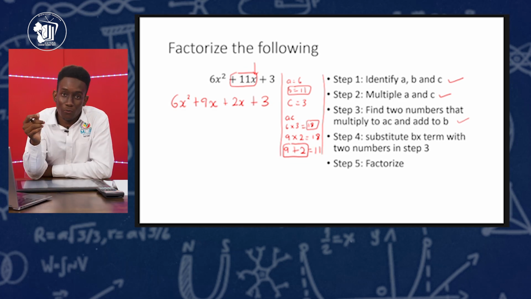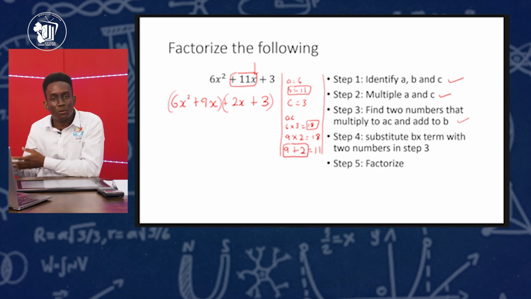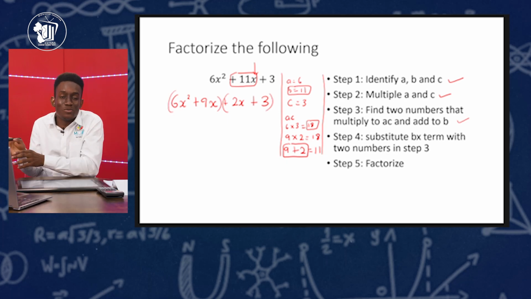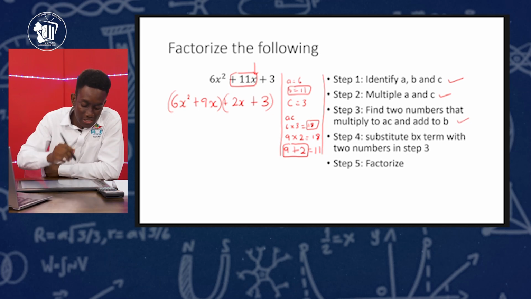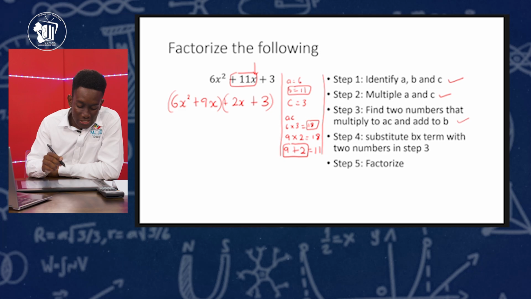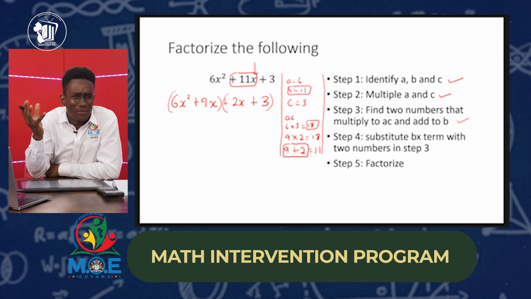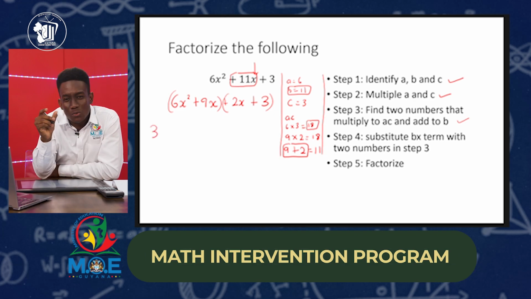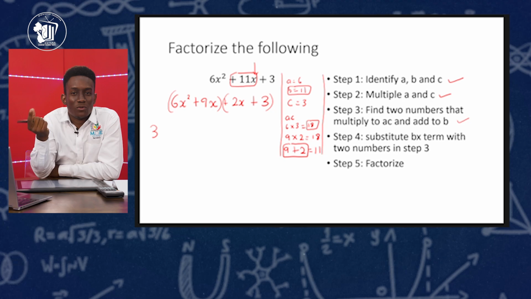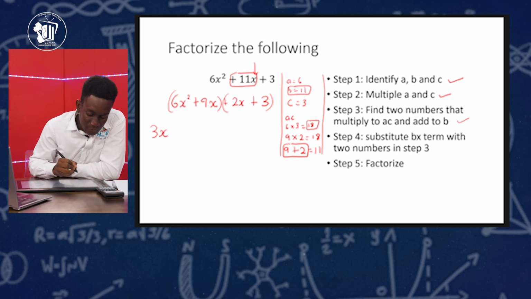So the next thing, now we have four terms. And of course, we know what to do when we have four terms: we pair off. We bracket off, and then we do like what we did in the previous video. We factorize each bracket individually. We look at the first bracket, 6x squared plus 9x. We look at the numbers first, 6 and 9, and think about the highest common factor, which is 3. Then we look at x squared and x, and the highest common factor is x.